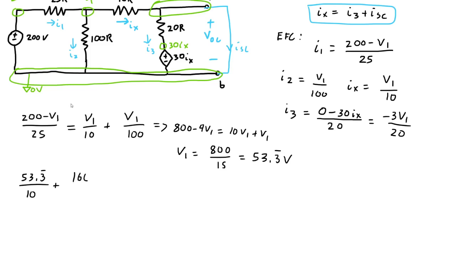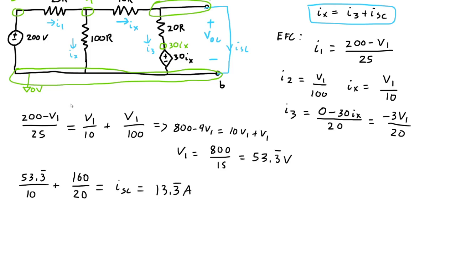So 160 divided by 20 equals I short circuit. So that's 5.3333 plus 8, which means I short circuit is 13.3 repeating amps.